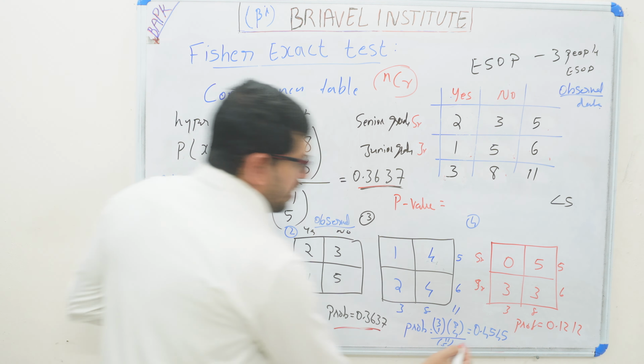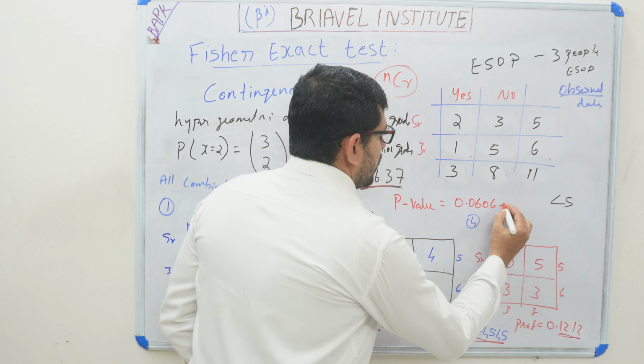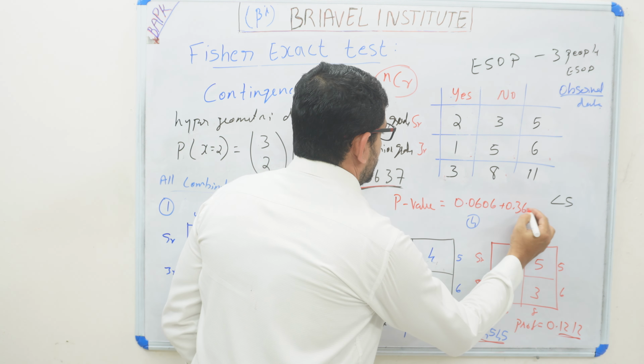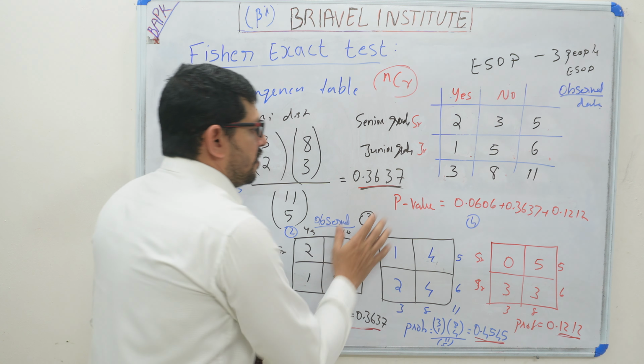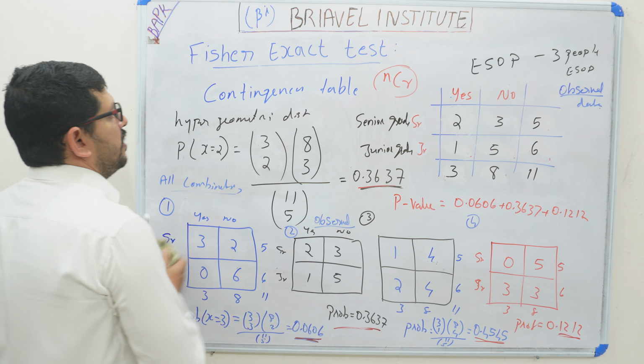So what is the p-value? We can take 0.0606 plus 0.3637, that is the observed probability, plus the next one, 0.1217 or something. So the p-value is calculated from the observed probability. How to write the p-value?